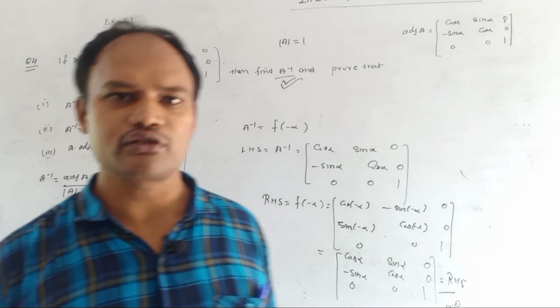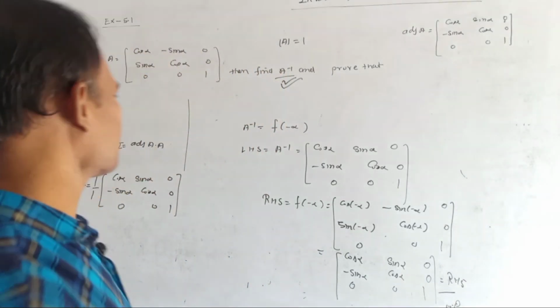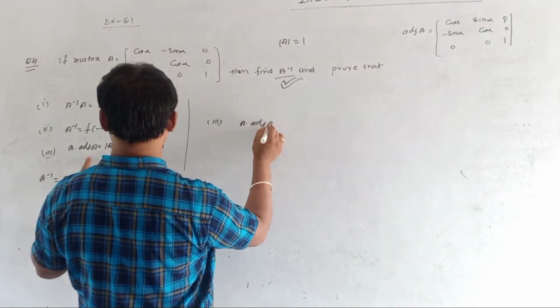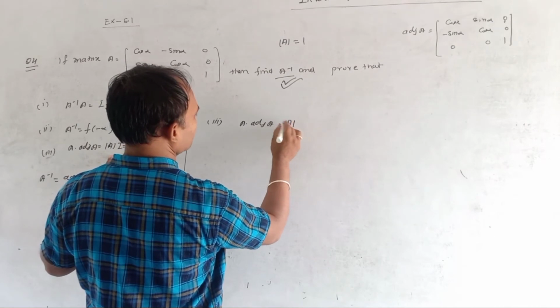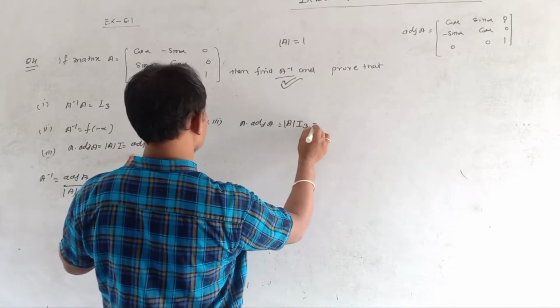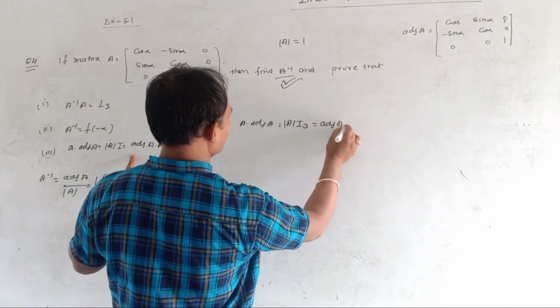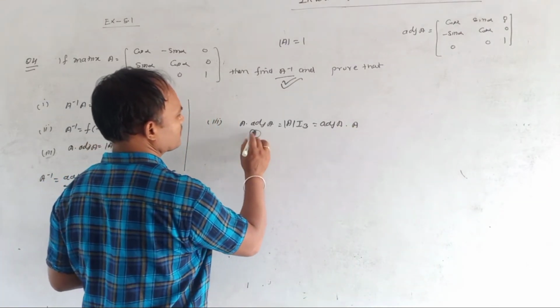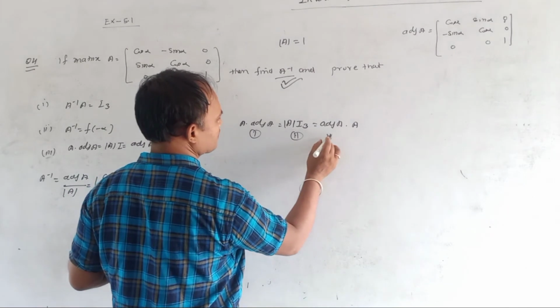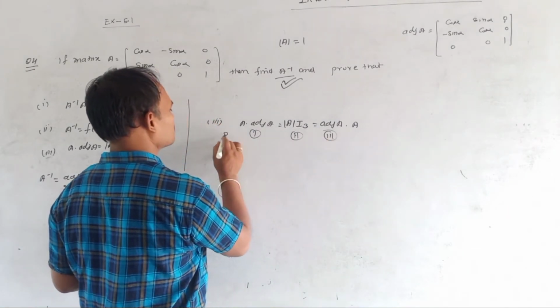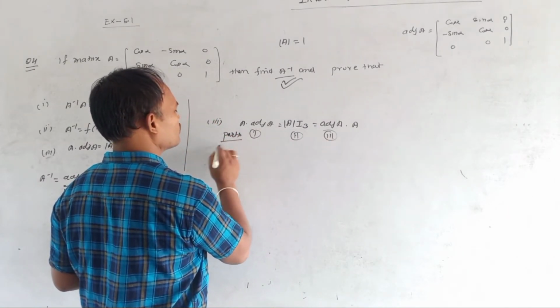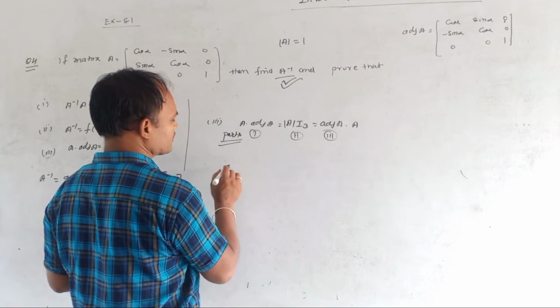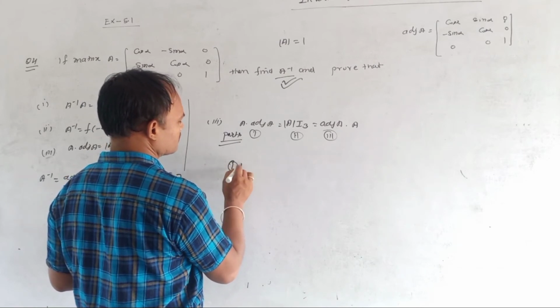This is the second part of the equation, and it is very interesting. A into adjoint of A equals determinant of A into I3 equals adjoint of A into A. So this is the first part, second part and third part.